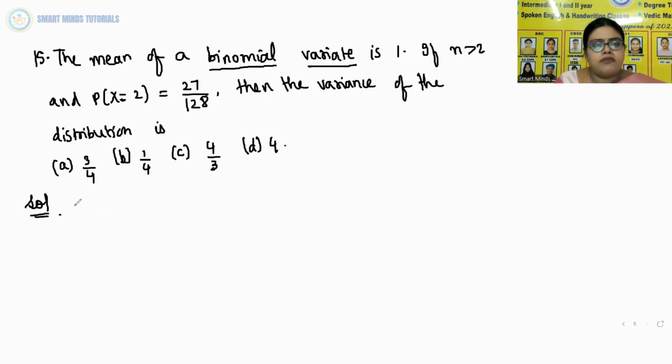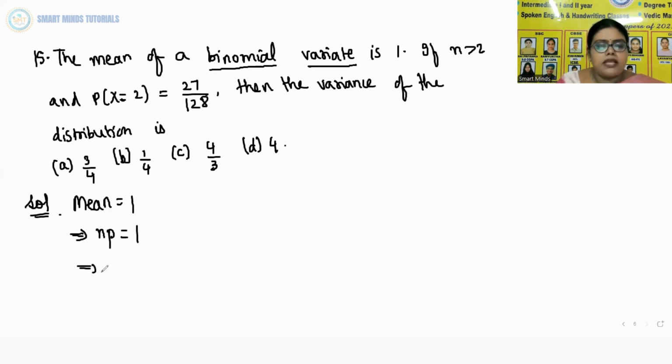So here what is given to us, mean is equal to 1 given. So what is the formula for mean? In binomial distribution, formula for mean is NP. NP is equal to 1.